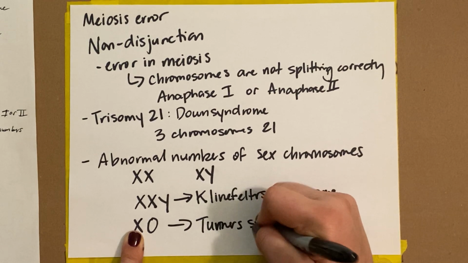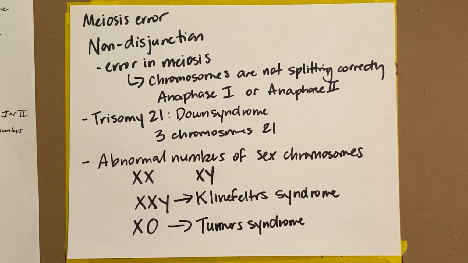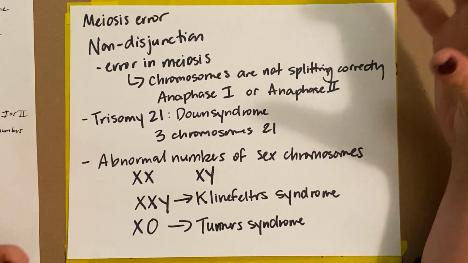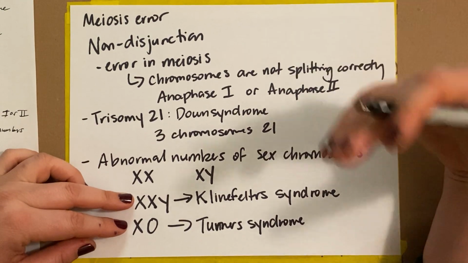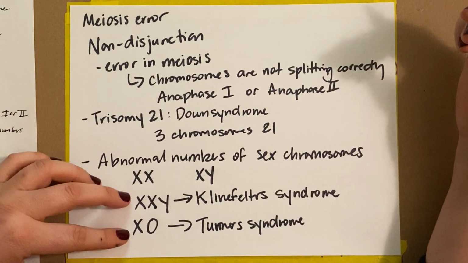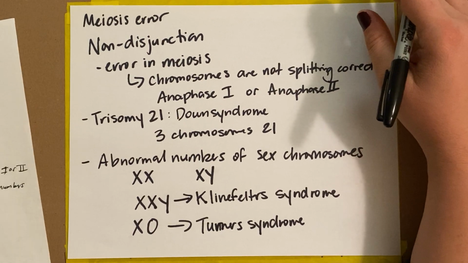In both of these cases, the individuals have a combination of masculine and feminine stereotypical traits. They're usually sterile, which means that they cannot produce viable sperm or egg and will not be able to have their own children. Okay, so those are some things that can happen with meiosis.